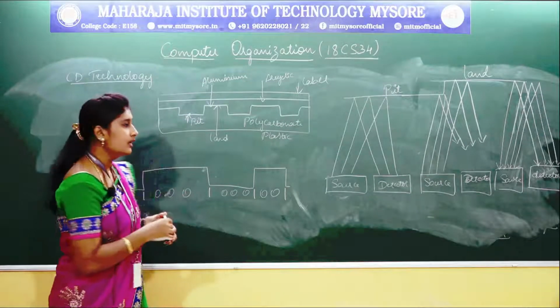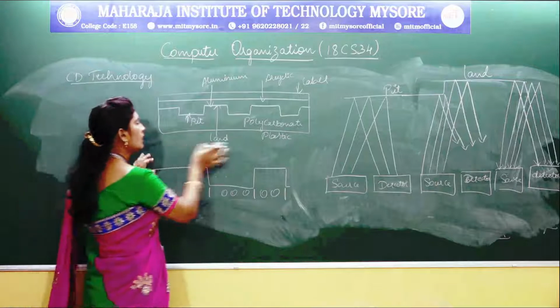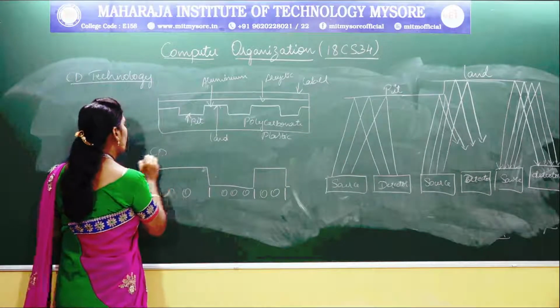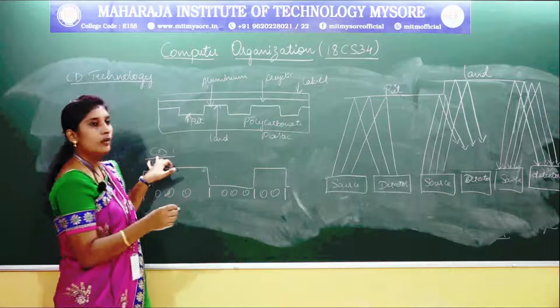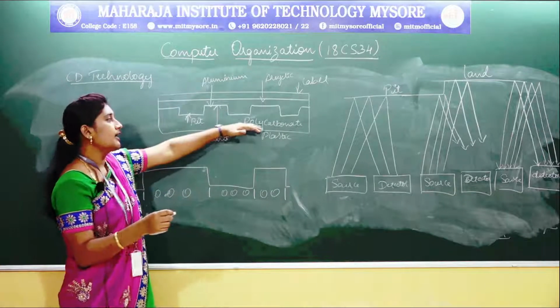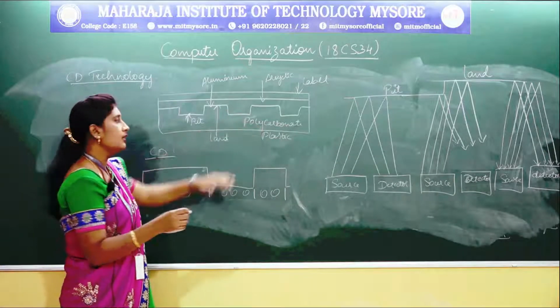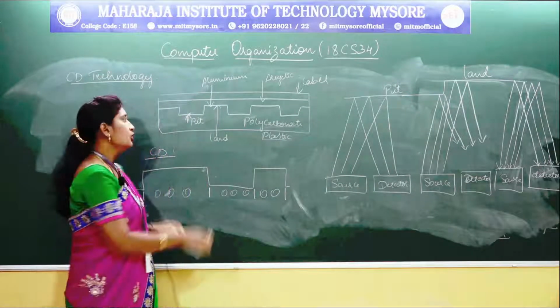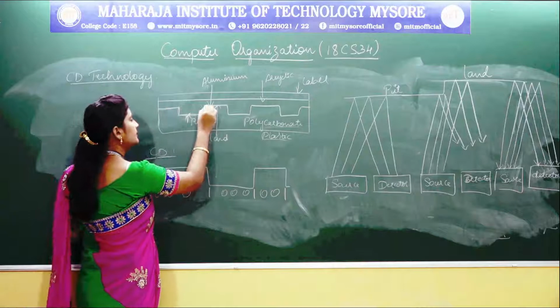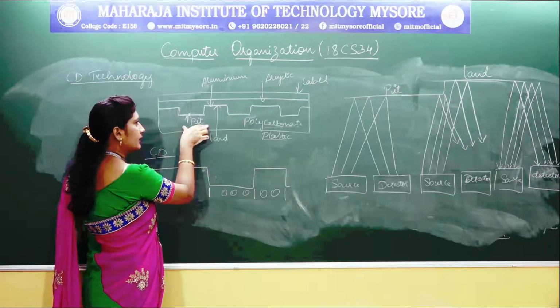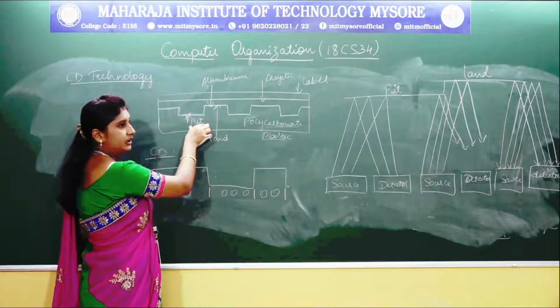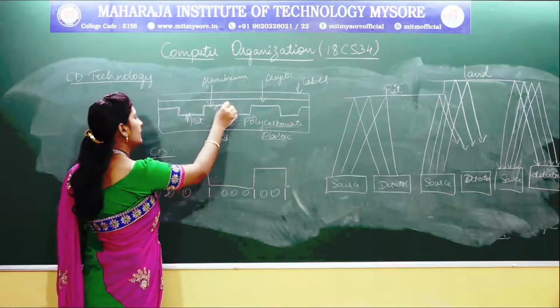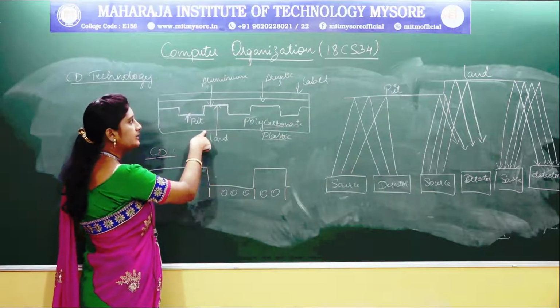Here is a simple portion of a small CD drive, where the bottom layer is polycarbonate plastic, and you have the pits, the intended area of pits, and the unintended plain area is called land.